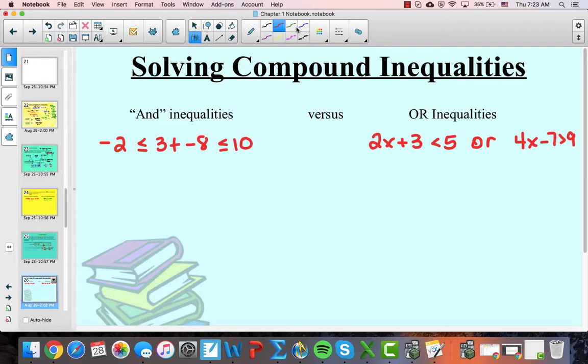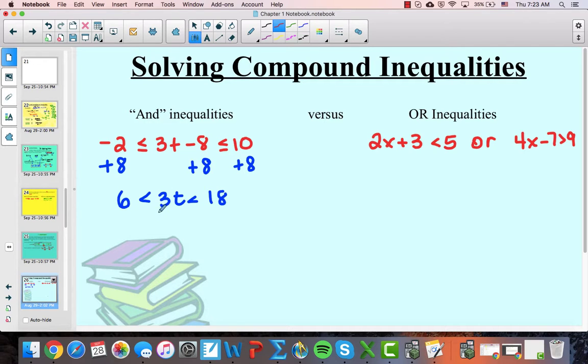Now, we solve them in a specific way. When it's an "and" inequality, we solve everything simultaneously. So just like you'd solve an equation, we'd isolate the variable. So we would add 8, but we have to add it to all of the sides, so three sides of the inequality. So we're going to get 6 is less than 3t is less than 18.